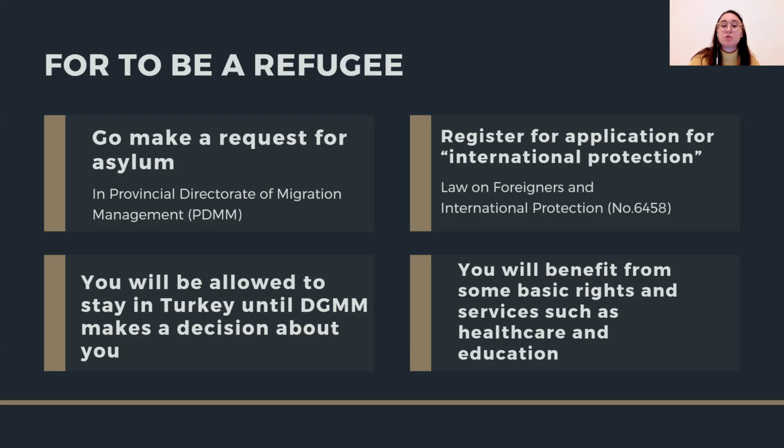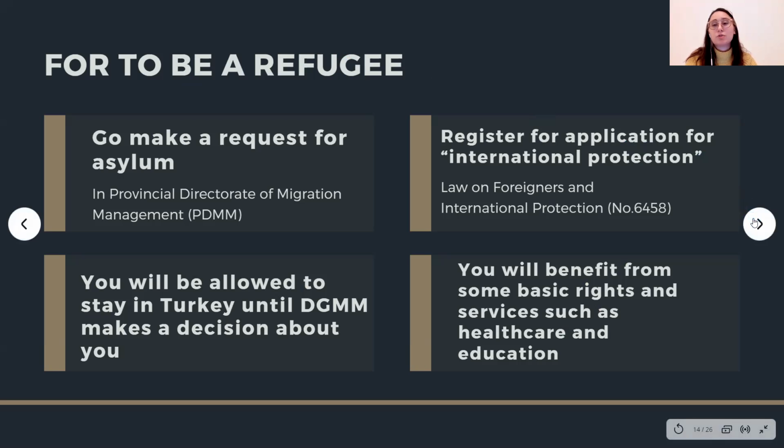This is the procedure: you apply saying you are seeking international protection, then they register you and determine your status. They label your application under the name of international protection according to your country and your reasons for coming to Turkey.